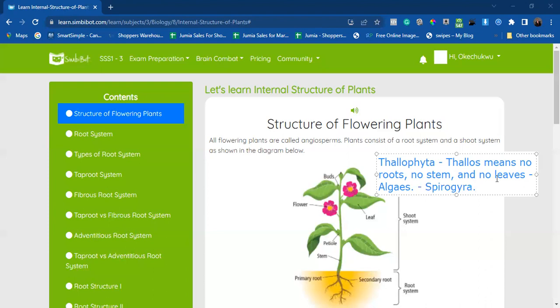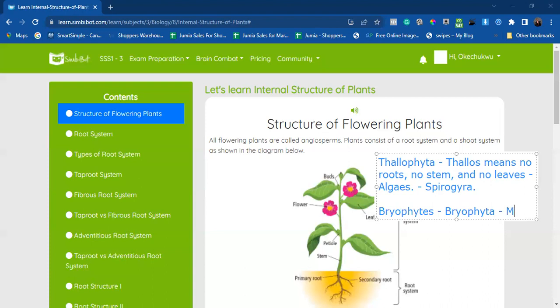Then another division of plants are the bryophytes, or bryophyta. These are non-vascular also. They lack roots.